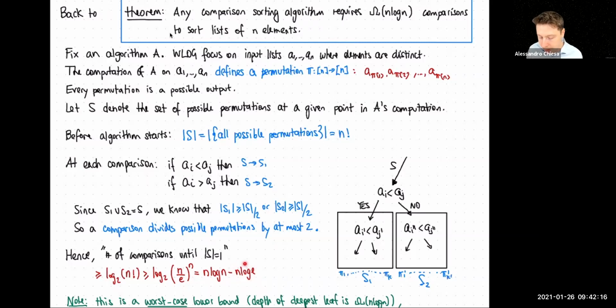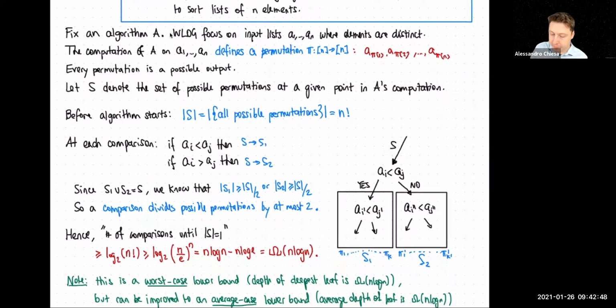This is a low order term. The dominant term is n log n, okay? So this whole thing here is big omega of n log n, which is what we wanted to show, right? We wanted to lower bound the number of comparisons of a correct algorithm. And here we're saying that the number of comparisons must be at least big omega of n log n.